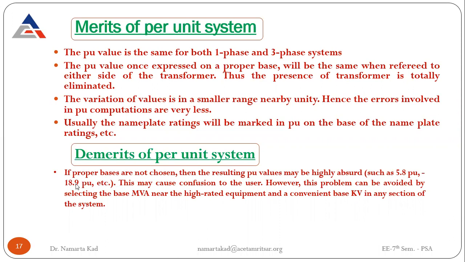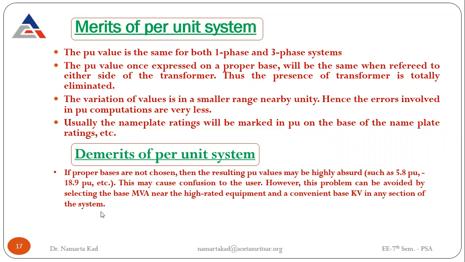If your per unit values come out very high, that means you need to change the base value. So this may cause confusion to the user. However, this problem can be avoided by selecting the base MVA near the high rated equipment and a convenient base kV in any section of the system.